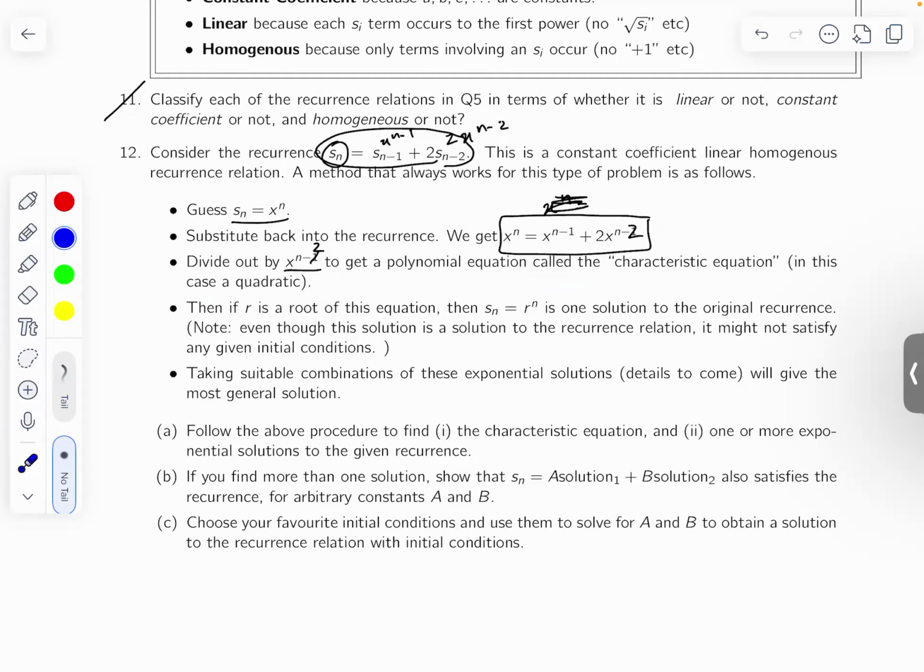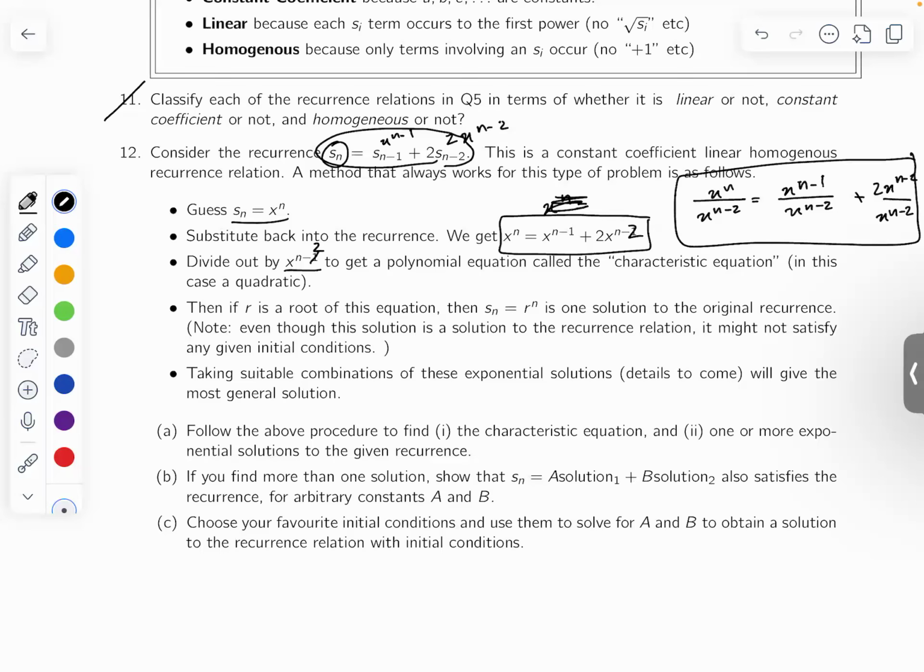If I divide, it will be x power n, x power n minus 1, plus 2 times x power n minus 2. If I simplify this one, it will be x power 2, this will be x, this will be 2.